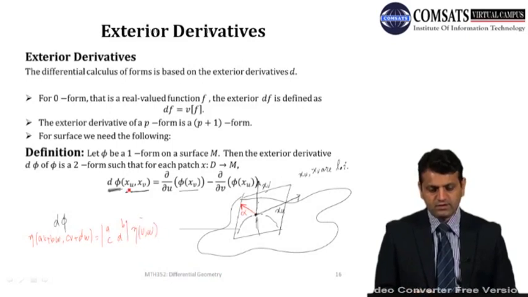So in this case, what are v and w? So in this case, these are axu plus bxv, cxu plus dxv.